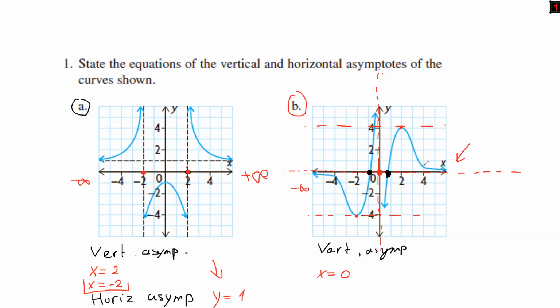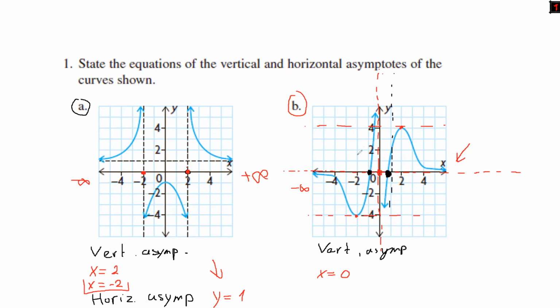Basically, what we're going to see here is that after this point, if we look at a specific interval, for example from 1 to positive infinity, in this range we in fact have a horizontal asymptote.